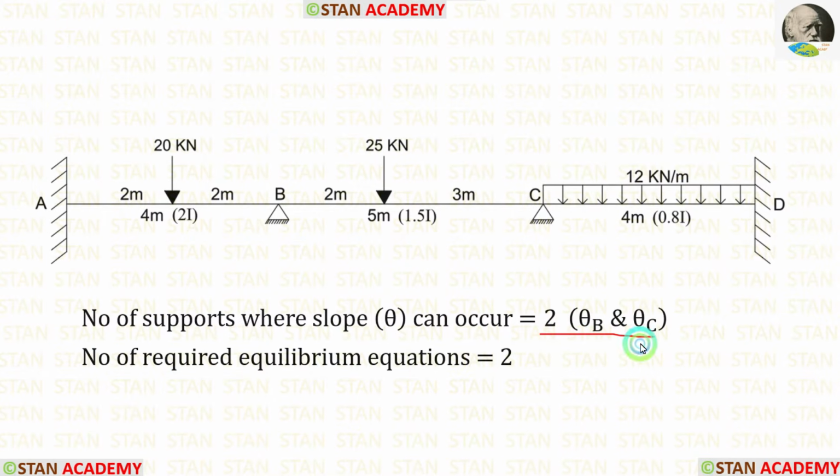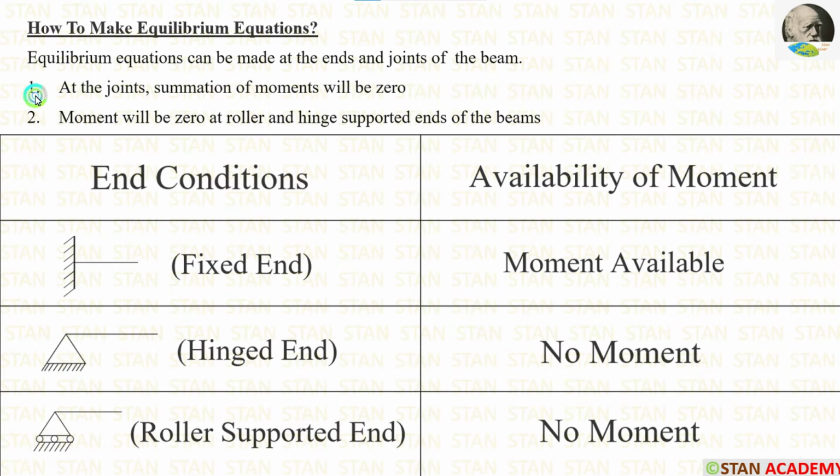If we calculate these two unknowns, we can easily find the final moments. To find these two unknowns, we need two equilibrium equations. Now, let's see how to make equilibrium equations. First, we can make equilibrium equations in the joints because in the joints the summation of the moments will be 0.